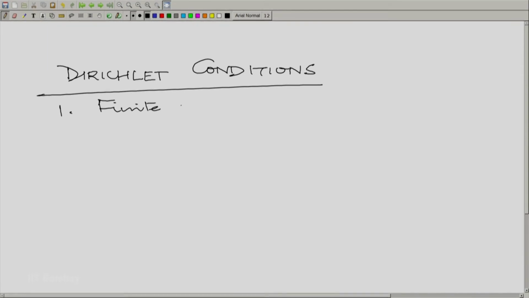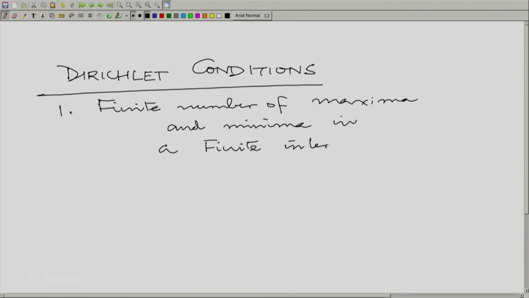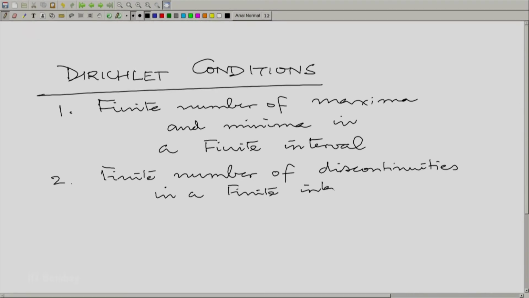A finite number of maxima and minima in a finite interval, a finite number of discontinuities in a finite interval, and bounded variation. These are the three things we need. In a finite interval, there must be only a finite number of maxima and minima, not like sine of 1 by x, if you remember that example.